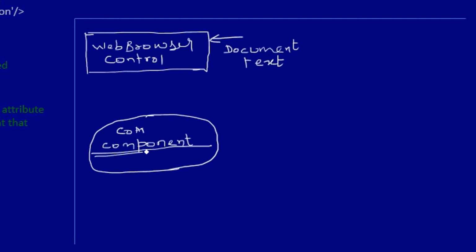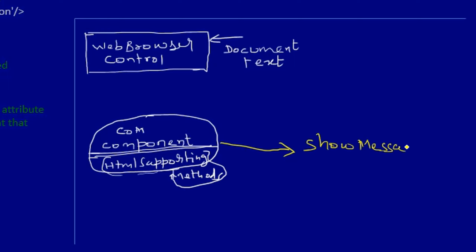Next, we defined a COM component, HTMLSupportingMethods, and using that we exposed a function. The component name is HTMLSupportingMethod, and inside that we defined a method named ShowMessageE.